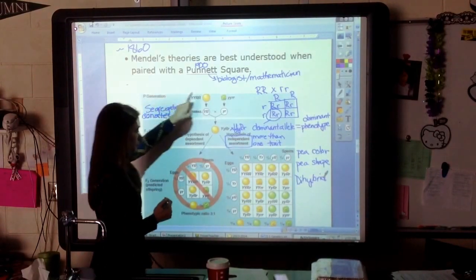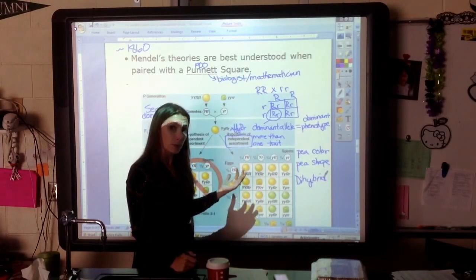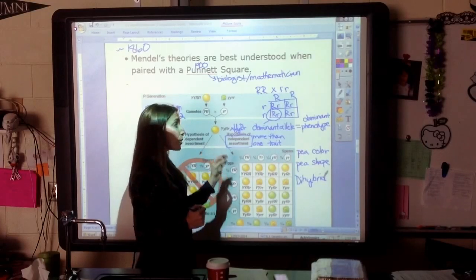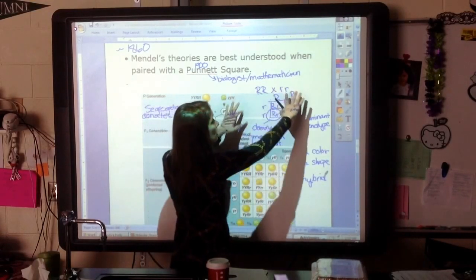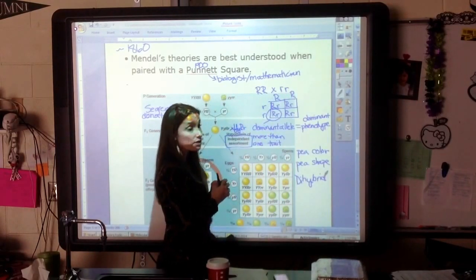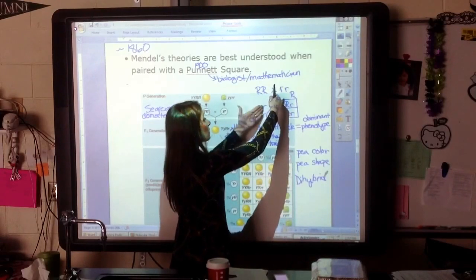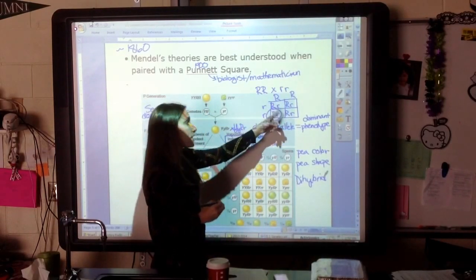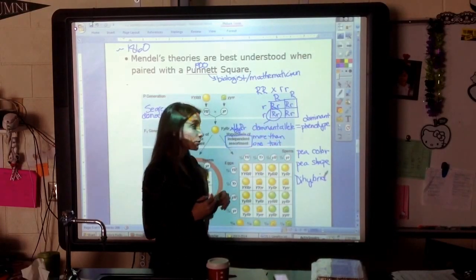And so one of the things that you really want to hold on to is, what are Mendel's principles and how do we use a Punnett square? It's pretty important to know that the Punnett square represents meiosis, the separation of the pairs, fertilization, the chance that this gamete is fertilized by this gamete, and the ability to then make predictions after we have our Punnett square results.